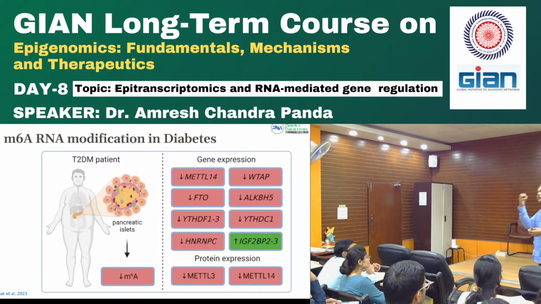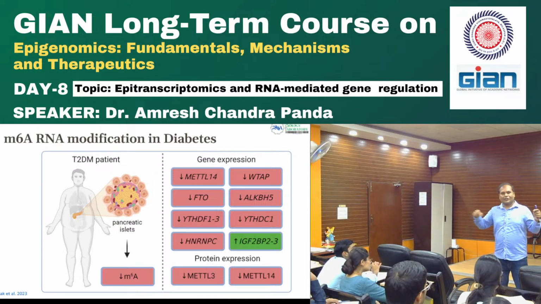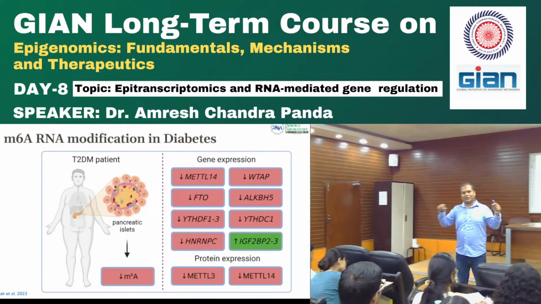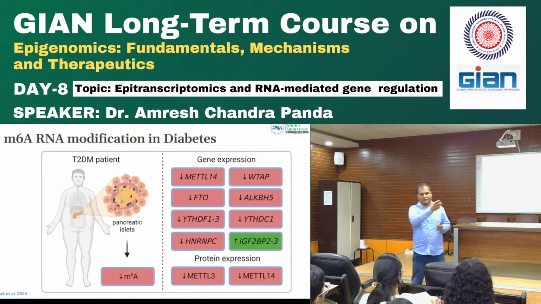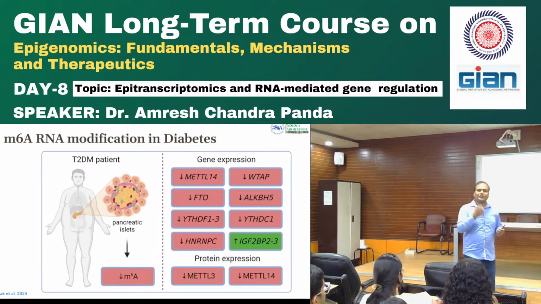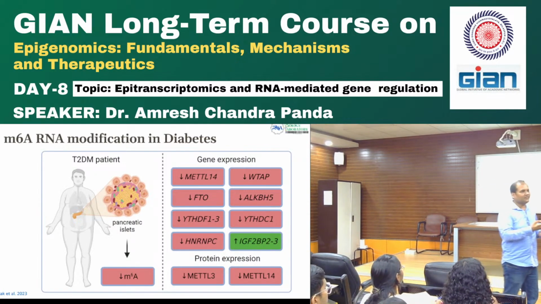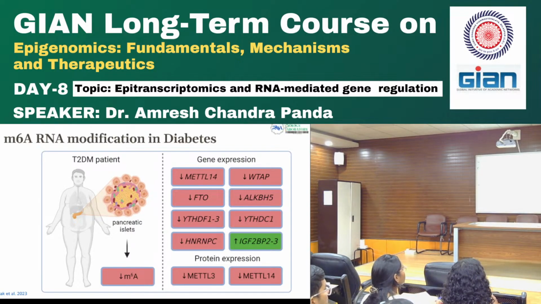So that processing, from the single polypeptide chain to 2 polypeptides, needs a lot of enzymatic reactions. And then after the insulin protein is synthesized, it needs to be secreted.